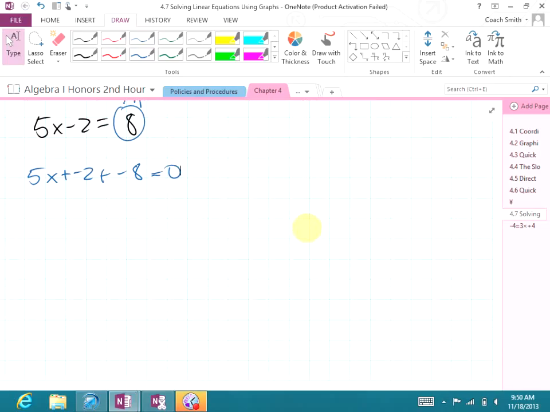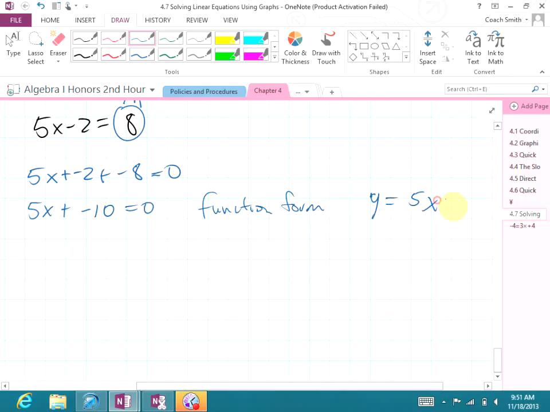And so what is 5x plus negative 2 plus negative 8? Negative 10. So 5x plus negative 10 equals 0. So your function form is y equal 5x plus negative 10.